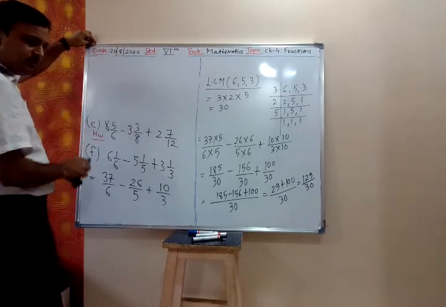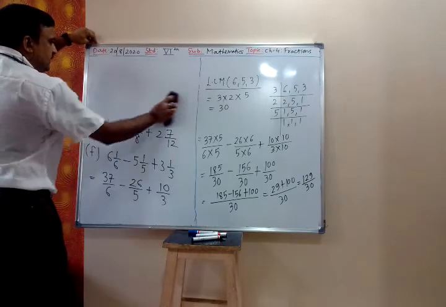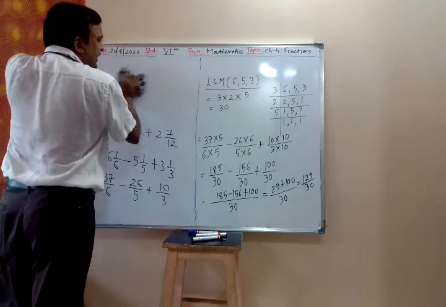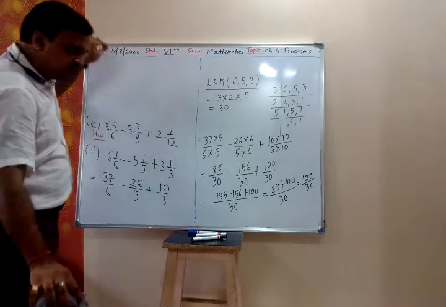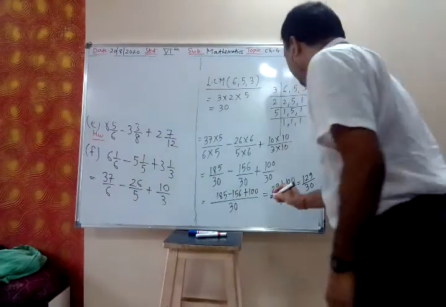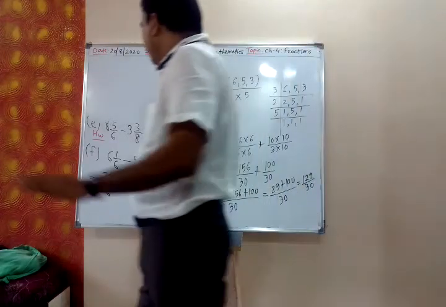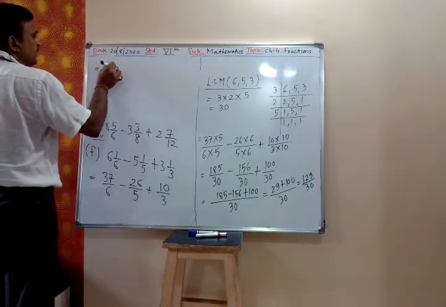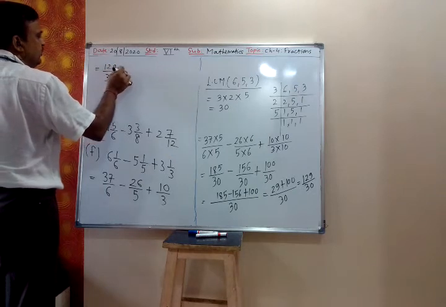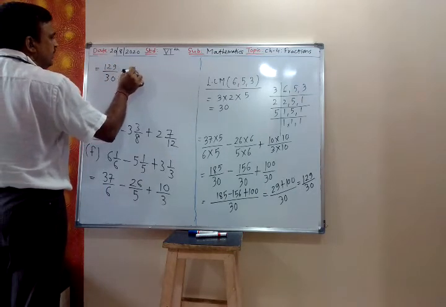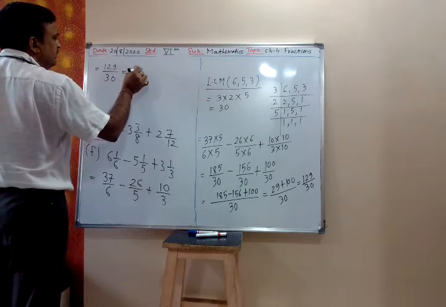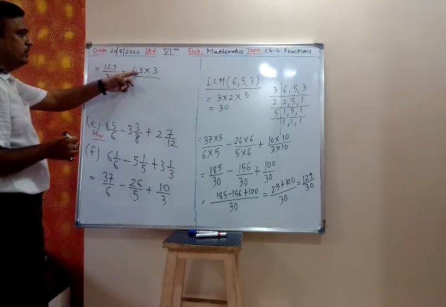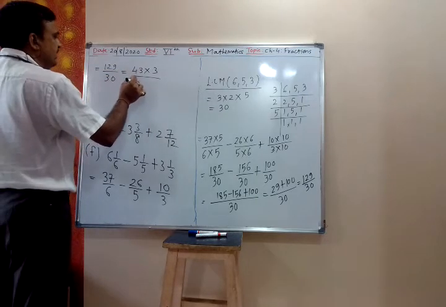That is not the final answer, remember. 129 I can write as 43 into 3. 30 I can write as 3 into 10.